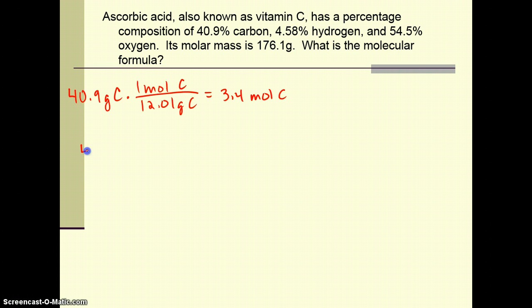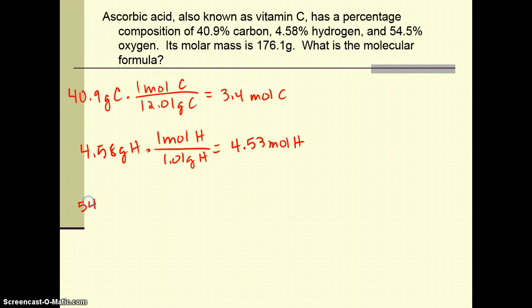I'm going to take 4.58 grams of hydrogen times 1 mole hydrogen over 1.01 grams of hydrogen, and I'm going to get 4.53 moles of hydrogen.